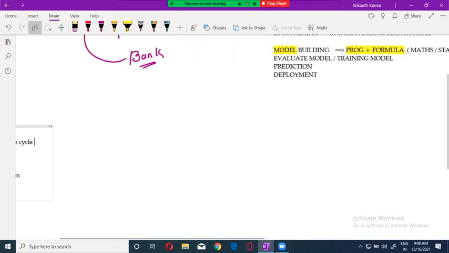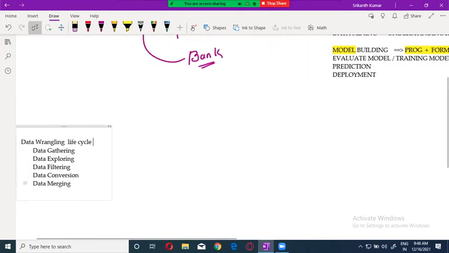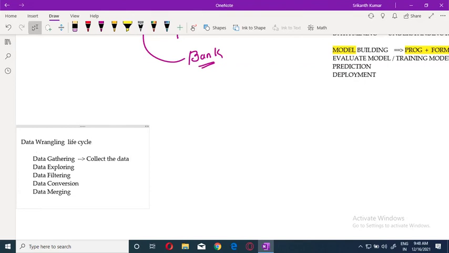Now in this cycle, the first one is data gathering. This is nothing but collecting the data. Before all this, there is an important step called business requirement.